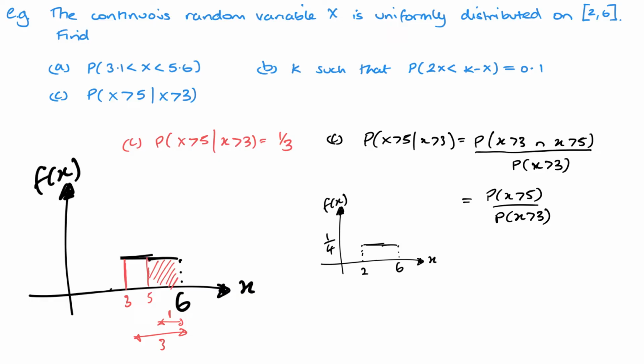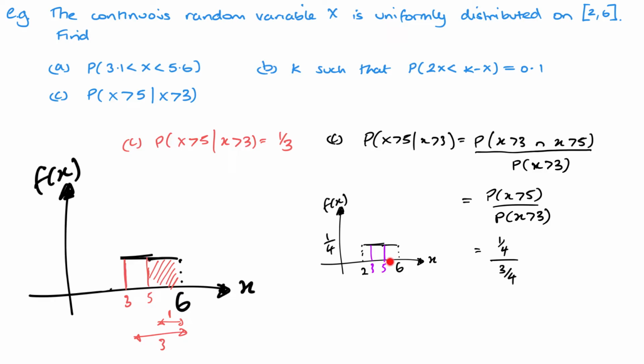Thinking back to the original one, the probability where x is greater than 5 is going to be 1/4, and greater than 3 is going to be 3/4.